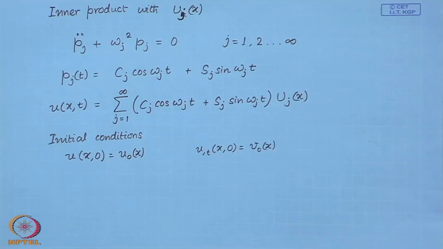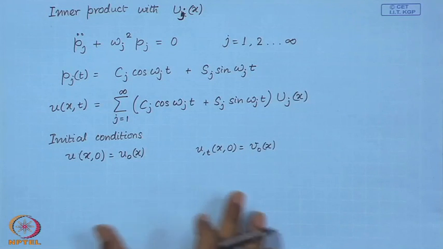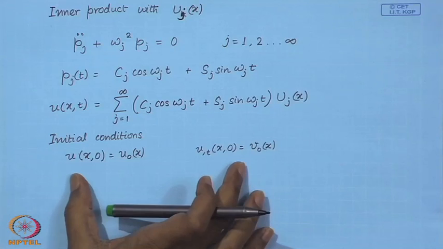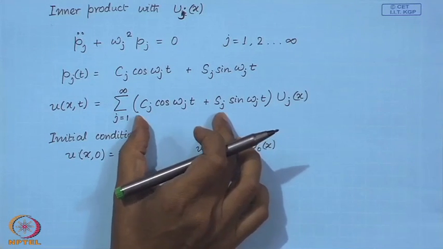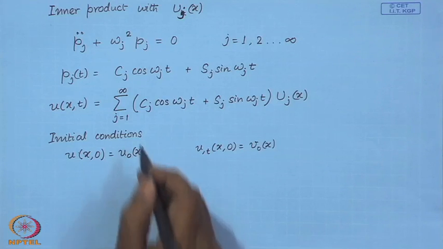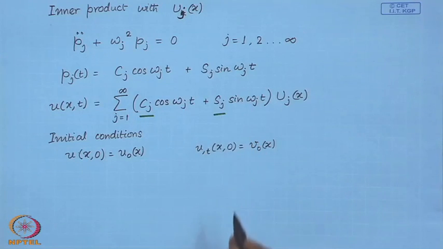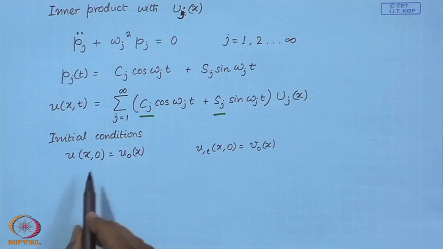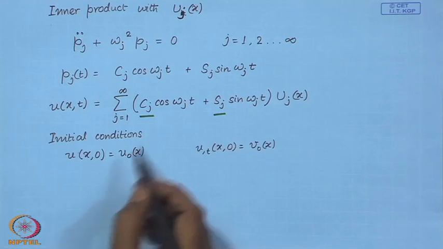Let us say these are the initial conditions that are specified for the system. Now, using these initial conditions, we have to actually solve for these coefficients C j and S j. Now, let us see how we can do that.